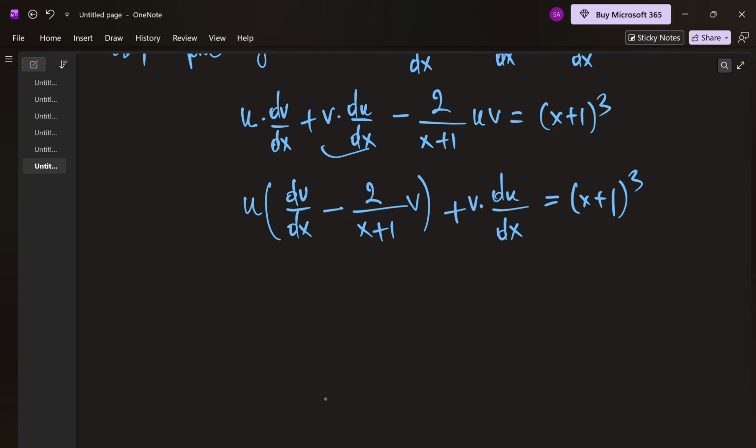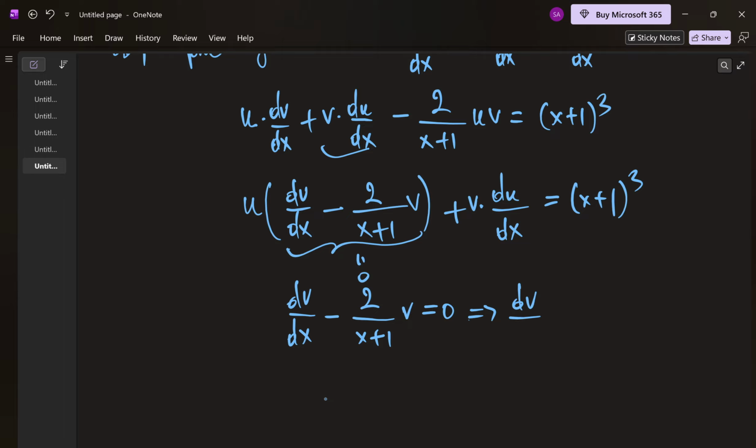Next, we consider this part equal to 0. So we have dv over dx minus 2 over x plus 1 v is equal to 0, and this leads to, when you take the term to the other side, dv over dx is equal to 2v over x plus 1.